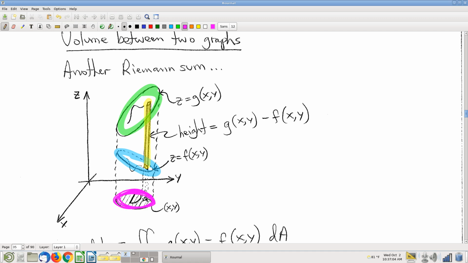Now students get a little bit weirded out by this sometimes and say, well, yeah, but there's a gap. I thought if you were computing volumes, doesn't the volume have to go all the way down? Can you just say that I'm going to associate that volume way up there to this area way down there? And the answer is, yeah, sure, you can do whatever you want. We're writing down Riemann sums. We're just adding stuff up.